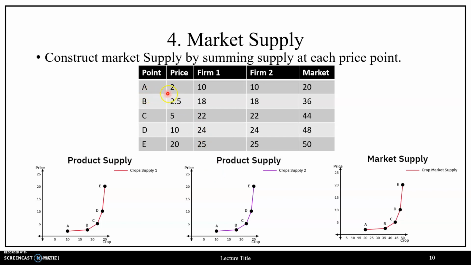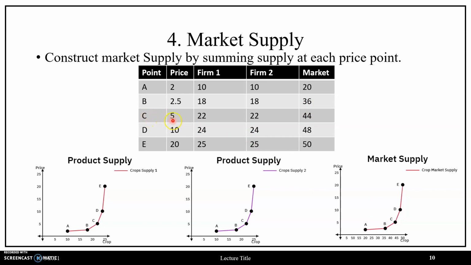So at point A, at a price point of 2, firm 1's quantity supplied is going to be 10, and so is firm 2's. So in terms of the market, at a price point of 2, quantity supplied is going to be 20, while at point B, at a price point of 2.5, firm 1's quantity supplied is 18. Scaling that by 2, since they're identical, gives us a value of 36.